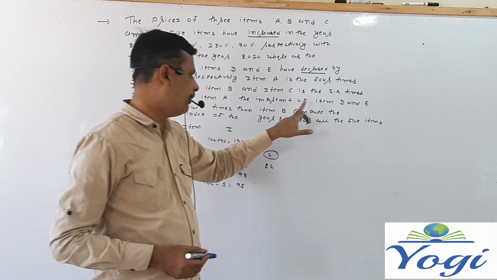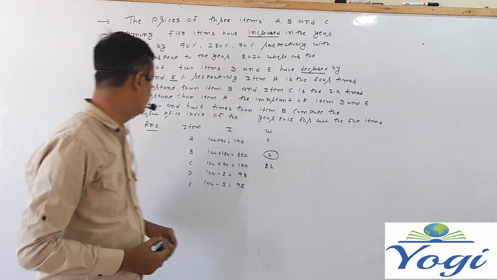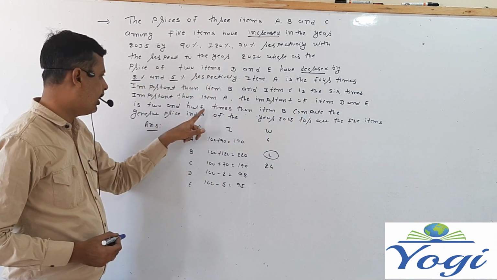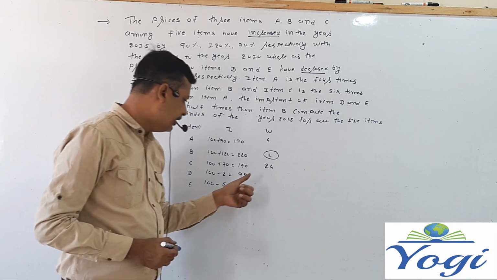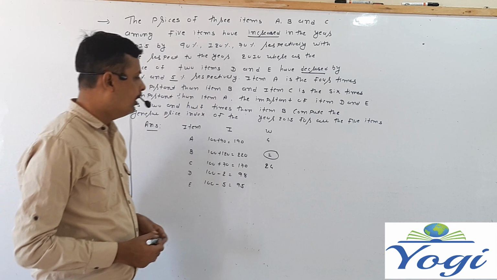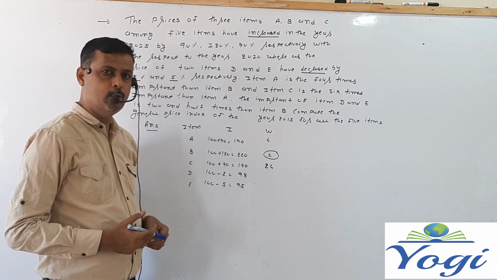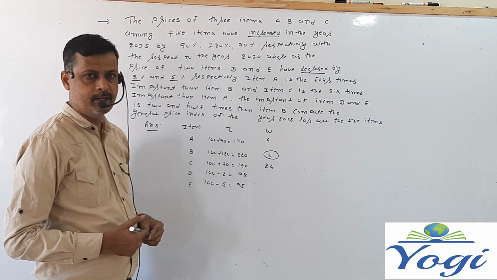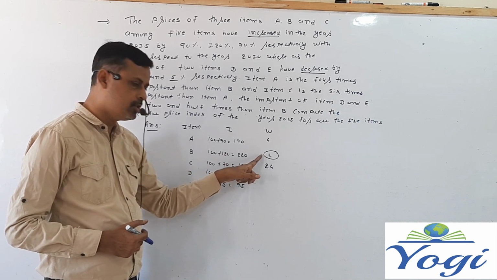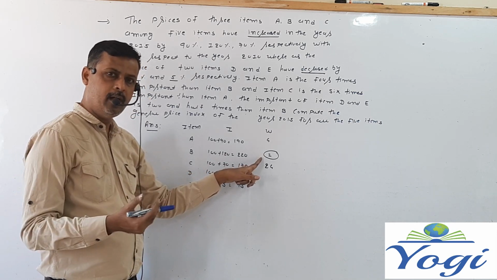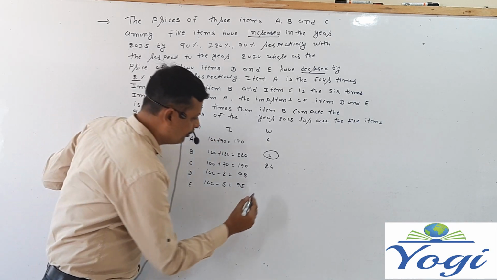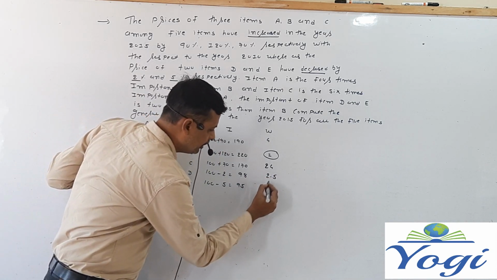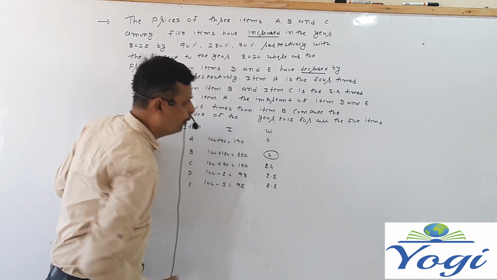The importance of items D and E is 2.5 times that of item B. Item B is 1, and 2.5 times is 1 into 2.5, which becomes 2.5, and the same for E, 2.5.